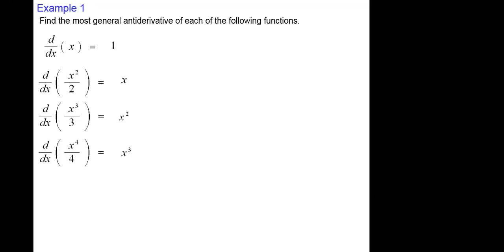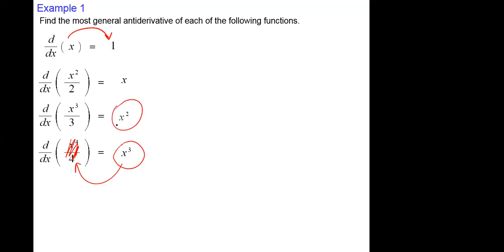Hopefully now, because we know how to do this, you know how to give me this answer, no problem. Now, based on these, we can probably figure out the pattern, the formula, because now I will ask you the other way. I will give you this function, and without seeing this, I will ask for the antiderivative.